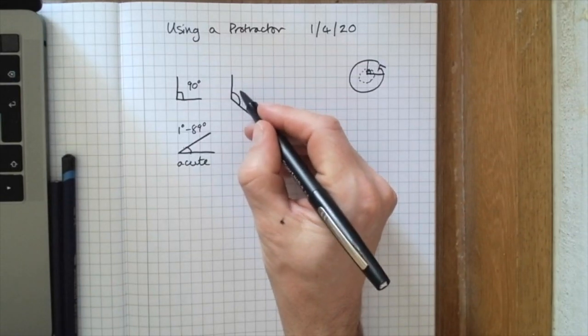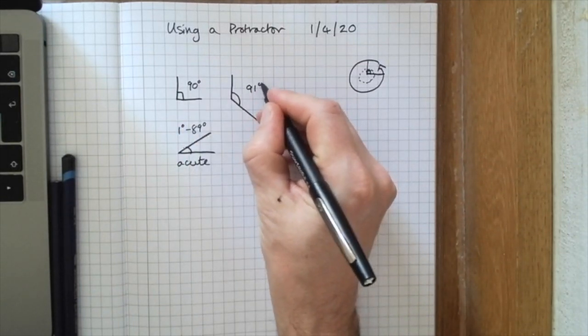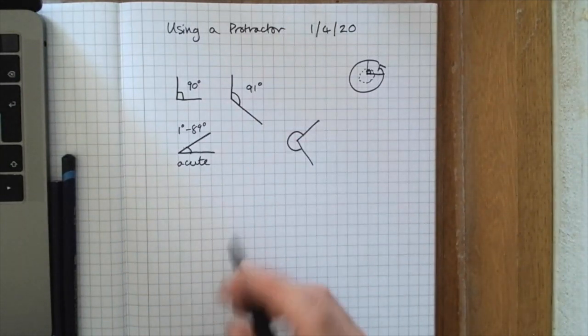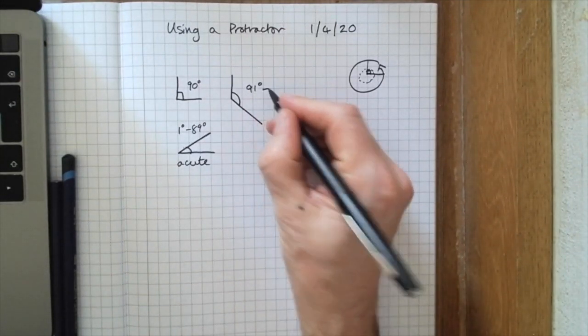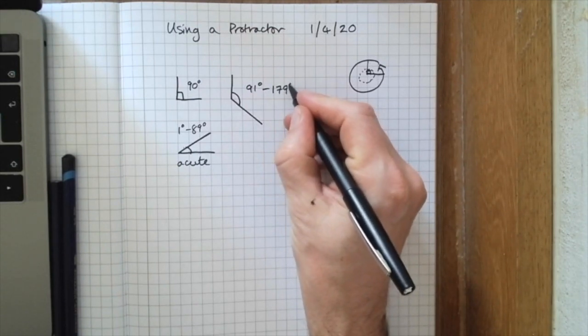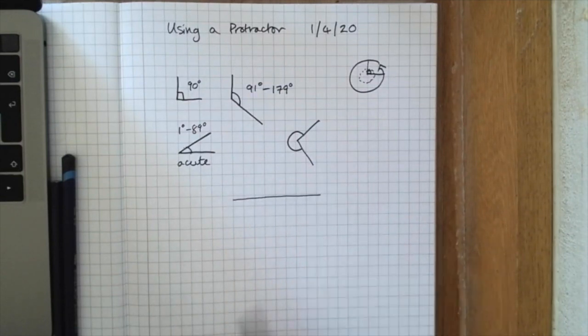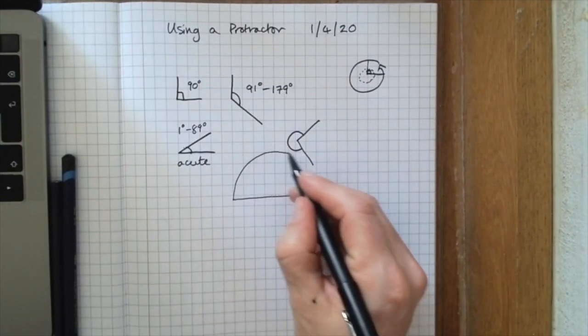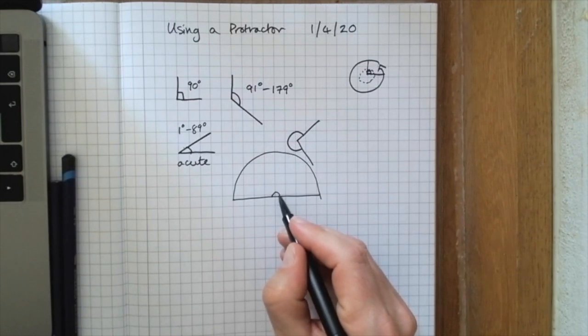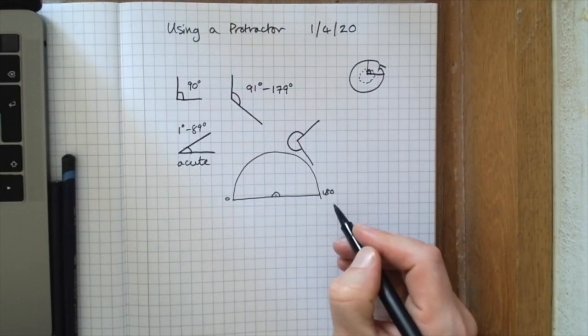We then have an angle which is anything above a right angle, so 91 degrees, or 90.1 if you want to get really precise, all the way up to 179 degrees. Now, many of you will remember, if you look at a protractor, it looks like this. It's got a little target there. It has a 0 on one side and 180 on the other side.